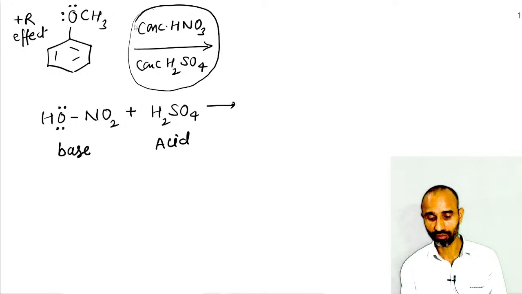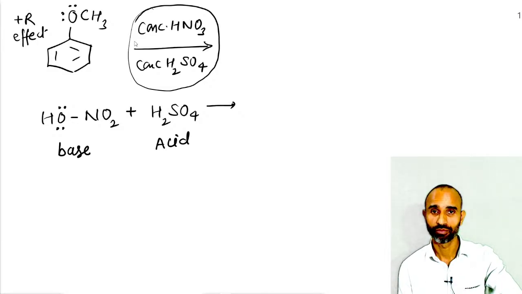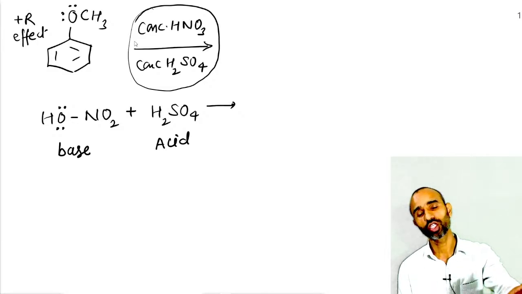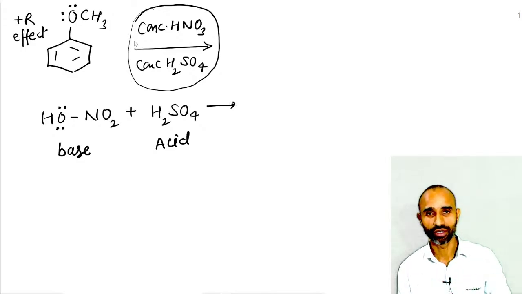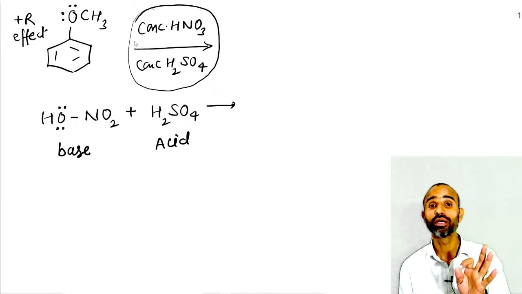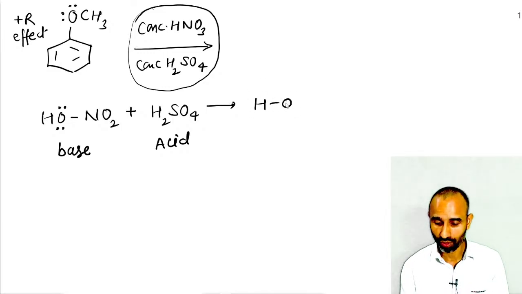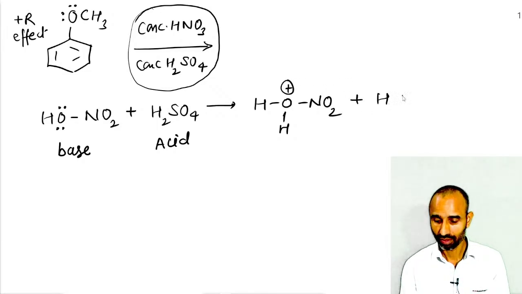If the question is what is the nature of HNO3 in nitrating mixture, it is basic. If it is simply what is the nature of nitric acid, everyone knows it is acidic. But in nitrating mixture, it accepts H plus ion from H2SO4. This is the product formed, and then H2O is removed and we get NO2 positive.